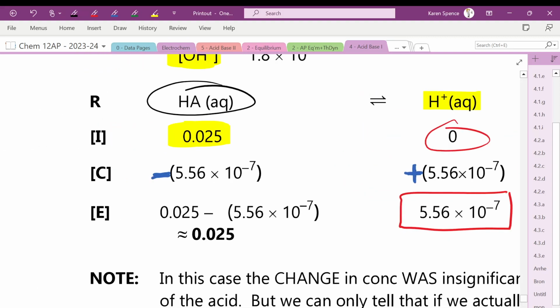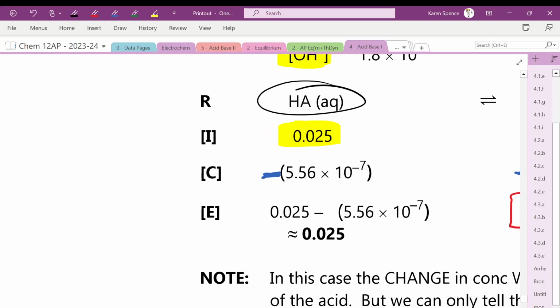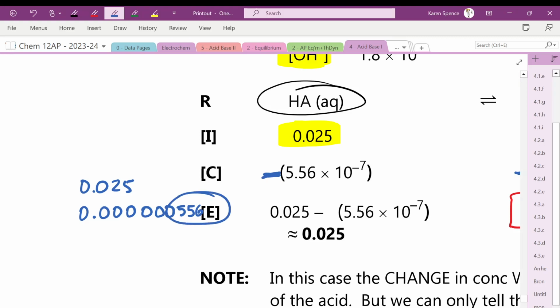And if you don't know, you can always plug it into your calculator and see what you get. That's always an option. Or you can be like this. 0.025 and you can say 0.1, 2, 3, 4, 5, 6, 7. Is this number going to make a difference to this number?